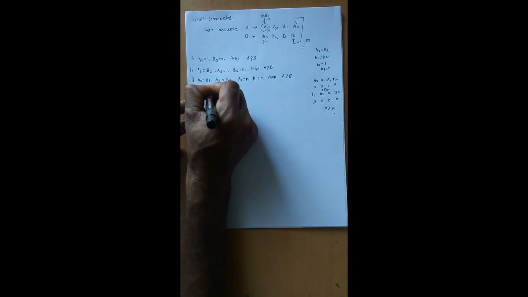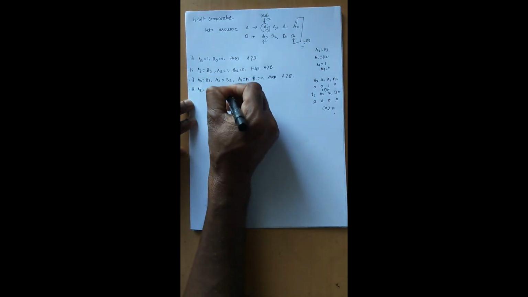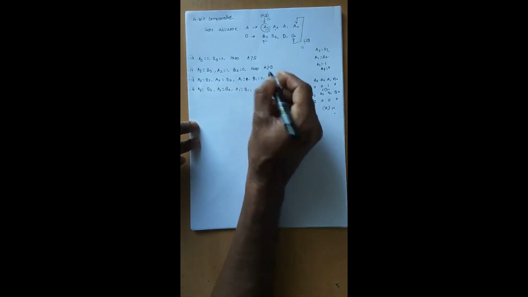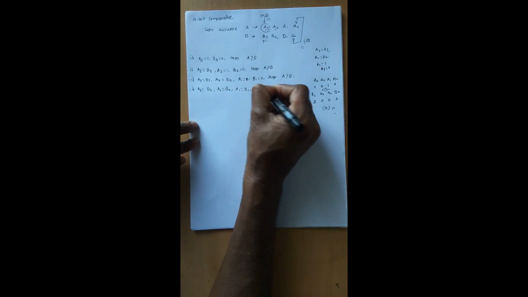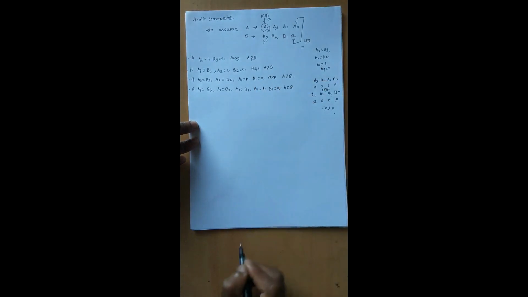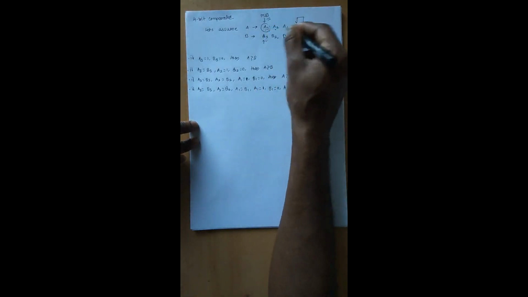A3 is equal to B3, A2 is equal to B2, and A1 is equal to B1, but A0 is equal to 1 and B0 is equal to 0. In this condition also A is greater than B, because if you assume all the other bits are equal, in this condition A0 is 1 and B0 is 0. So A is greater than B.